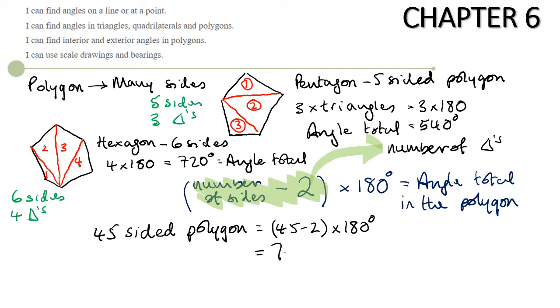So the angle total in a 45-sided shape would be 7,740. So we can use this to work out what the angles add up to in any sided polygon. Just take the number of sides, take away 2, and then multiply by 180. So here we've just said we can find angles in polygons. So that finishes off that bit.